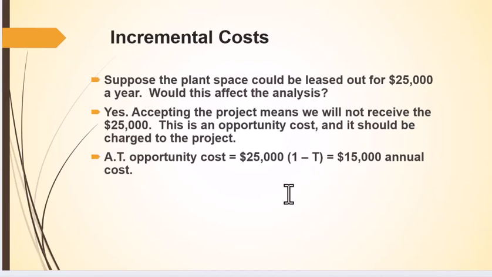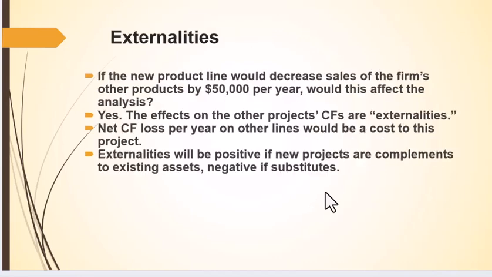So in this case, if the plant space we're using could be leased out for 25 grand a year, should that affect our analysis? And of course, because it's an opportunity cost. So the after-tax opportunity cost of receiving this 25 grand is that amount times 1 minus the tax rate. In this case, it's an annual cost of $15,000. We have to incorporate this into our cash flows.